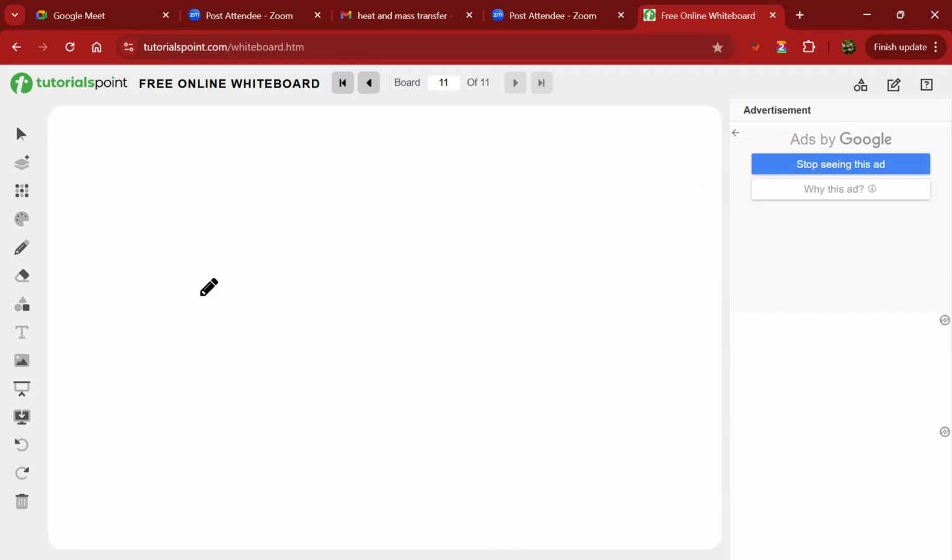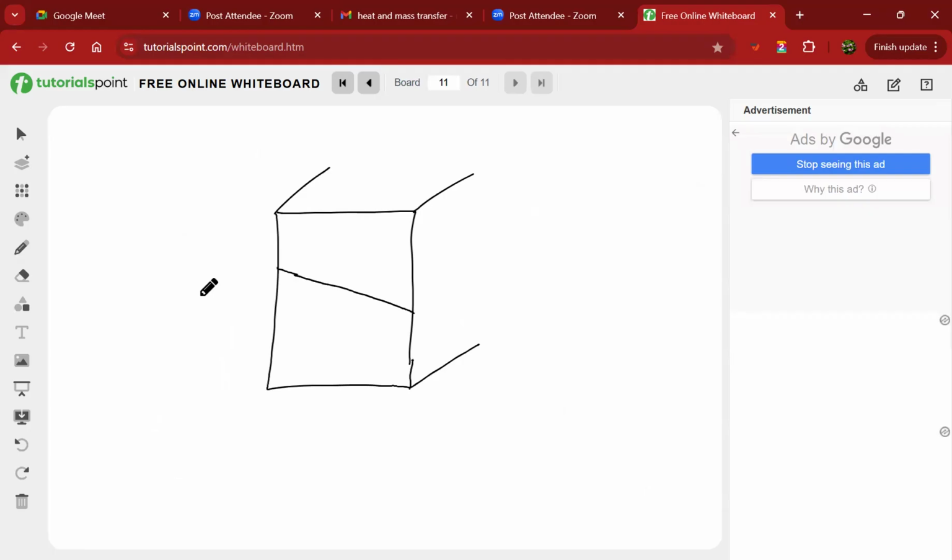In those materials where the thermal conductivity changes with respect to temperature, if you want to draw the heat distribution across the wall, it is given by this particular profile.